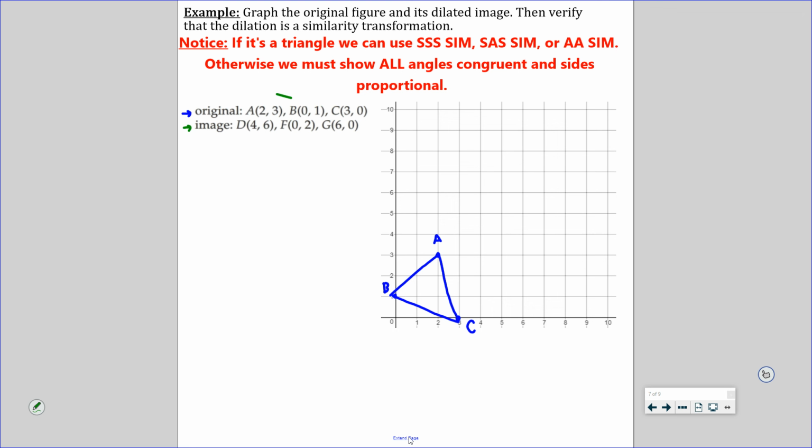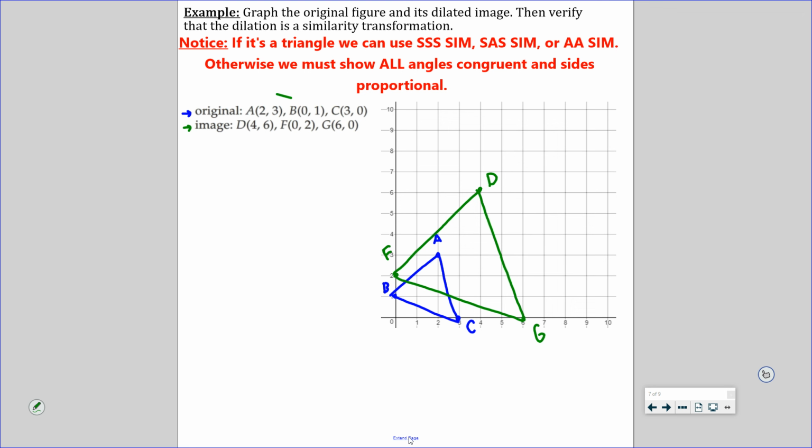Its image is located 4, 6, 0, 2, 6, 0. And this is D, F, G. Okay, so my original is blue. Image is green. Enlargement or reduction here? Enlargement. Good. It's getting bigger from blue to green.